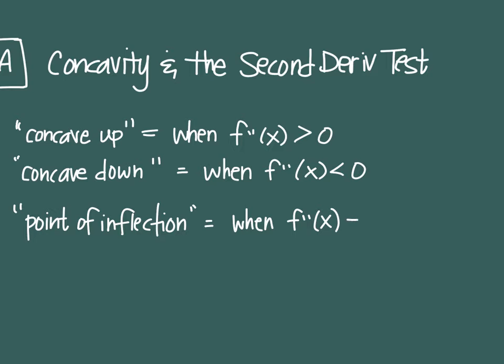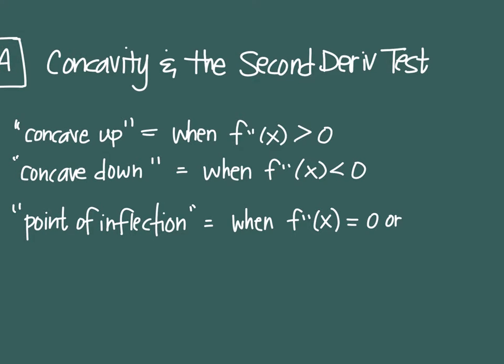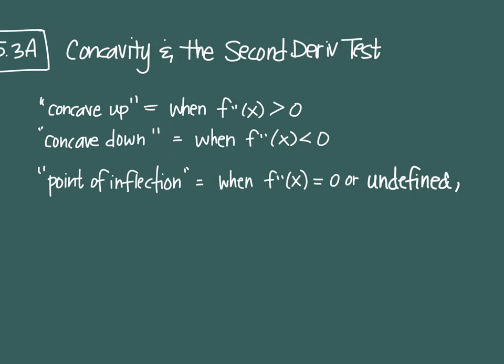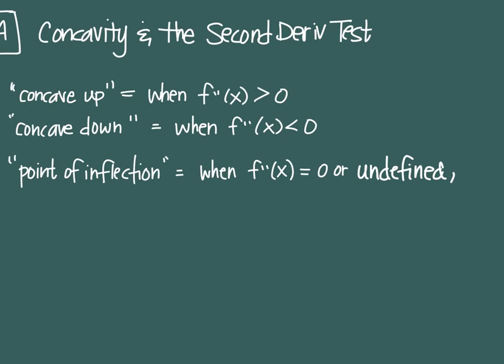When it's either equal to 0 or undefined, and it's not just enough to say it's undefined, and the second derivative analytics, so making a chart like we did before, reveals a change in concavity.